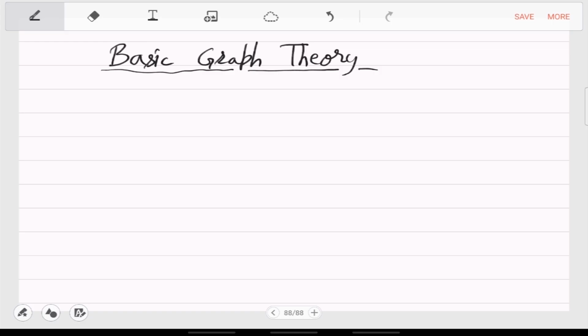But within 100 years, it became a very serious topic of study, and in computer science, many of these things are used in algorithms and in modeling problems. We will, of course, not be able to do difficult things in graph theory, but we'll only do basics in this course. So let's start with some basic graph theory.